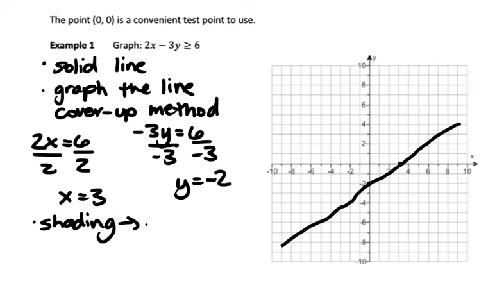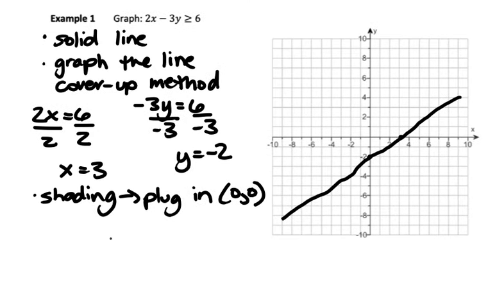So I'm going to plug in (0, 0). And we're going to see the advantage of plugging in (0, 0) over other points in a second. So I'm plugging into my original inequality here with the greater than or equal to symbol. So that's going to be 2 times 0 minus 3 times 0 greater than or equal to 6.